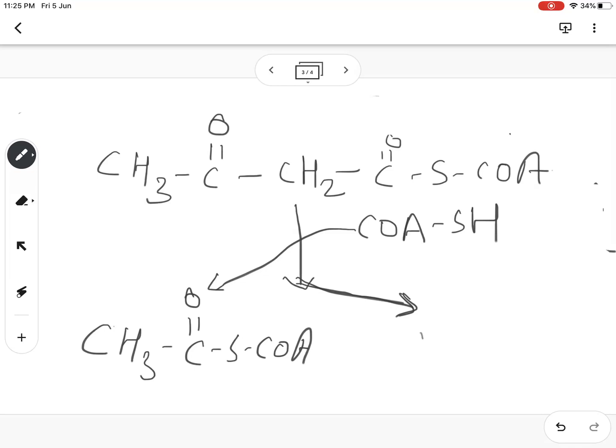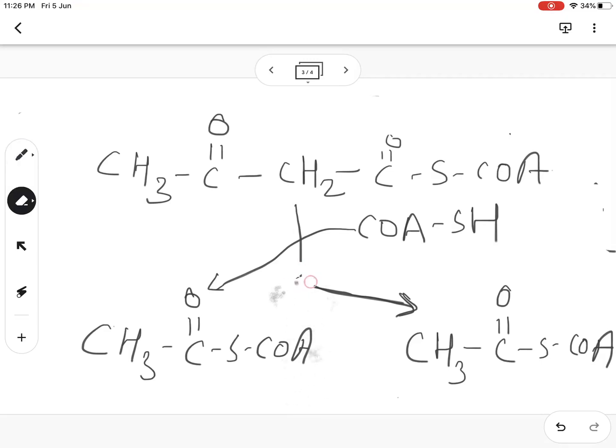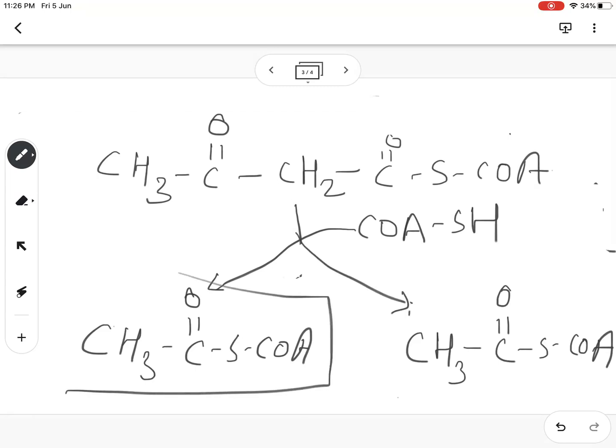So two molecules of acetyl CoA are formed in this thiolysis reaction, and this reaction is catalyzed by the enzyme beta ketothiolase. So beta ketothiolase catalyzes this reaction, leading to synthesis of two molecules of acetyl CoA.